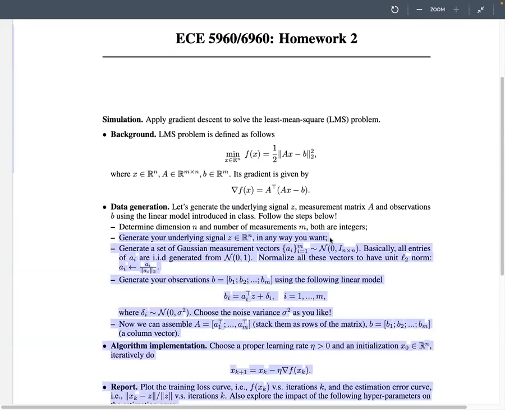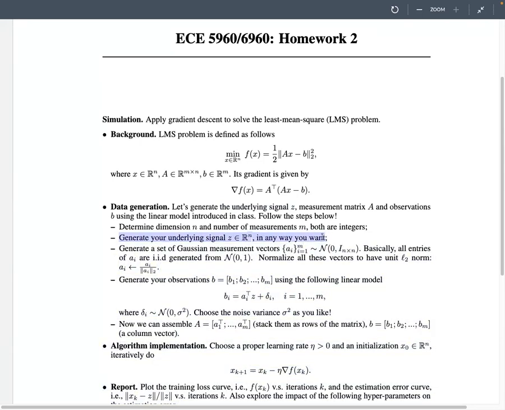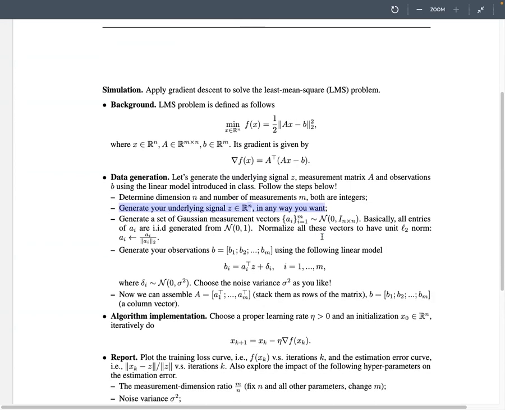And generate your underlying signal Z in any way you want. Z must be a vector in R^n. You can generate it using a random distribution or just create any signal you want. Then the third step is to generate the measurement matrix. What we do is generate a set of Gaussian measurement vectors.